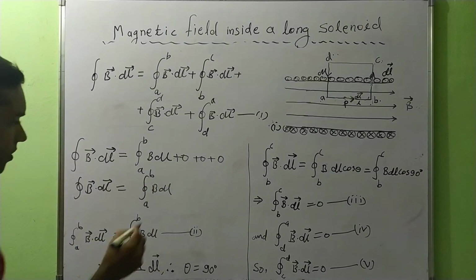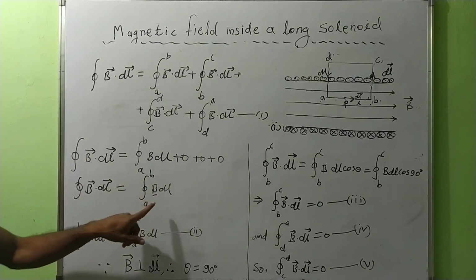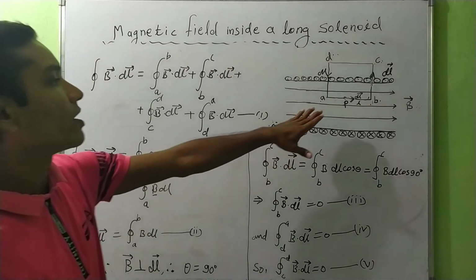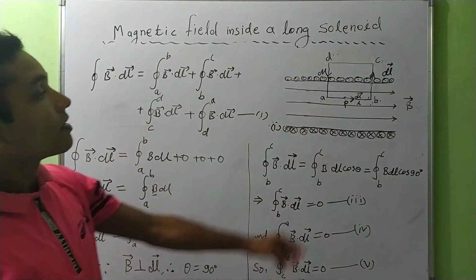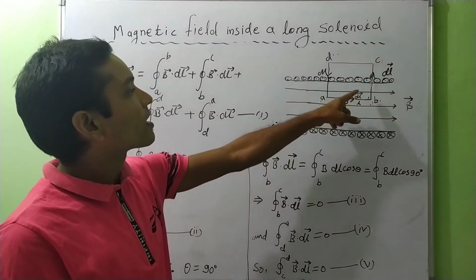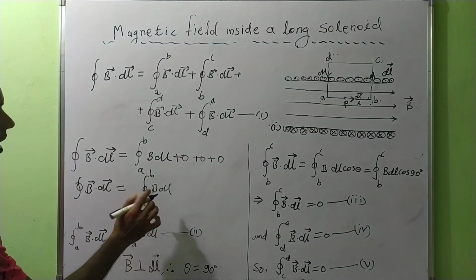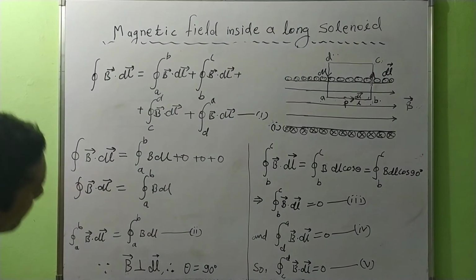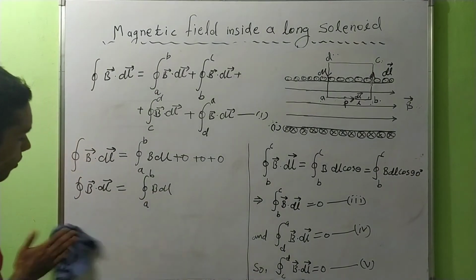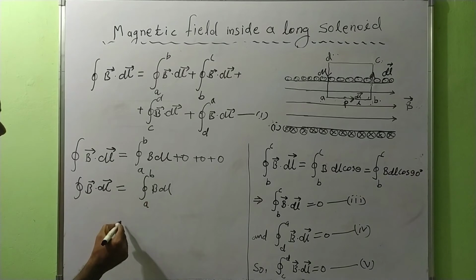This B is the magnetic field inside the solenoid. Inside the solenoid the magnetic field is uniform, so the value of B is constant. We can take it common from this equation.